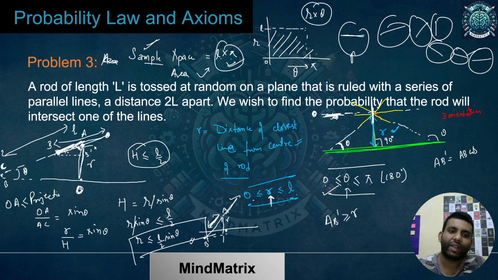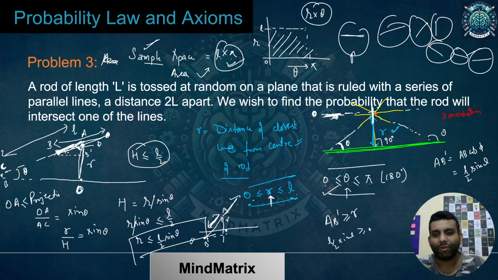Let's say this was phi. Phi is nothing but 90 minus theta. So overall, AB is L by 2 and cos of 90 minus theta is sine theta. So L by 2 sine theta must be greater than or equal to R. And that's what we have over here. So I guess it is clear both ways.